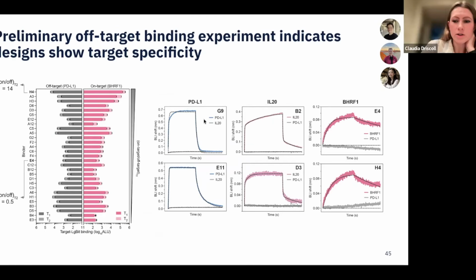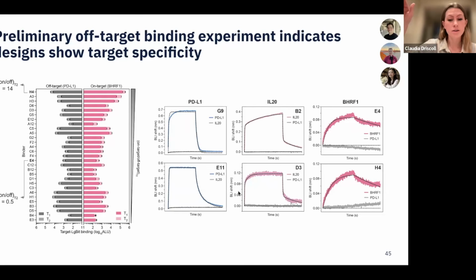Okay, so the top row in each of these cases is the binder that had the low on-over-off binding ratio. So everything in the top panel by luciferase assay was predicted to be non-specific, and everything on the bottom row was indicated by the luciferase assay to be specific.